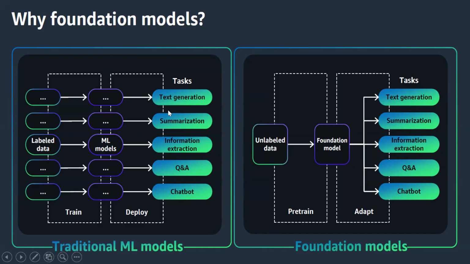These are NLP problems: text generation, summarization, information extraction. They deal with language. These LLMs, which are very much in fashion these days, are good at a lot of tasks at a single time. You can use ChatGPT for text generation, summarization, information extraction, all the tasks in one go.